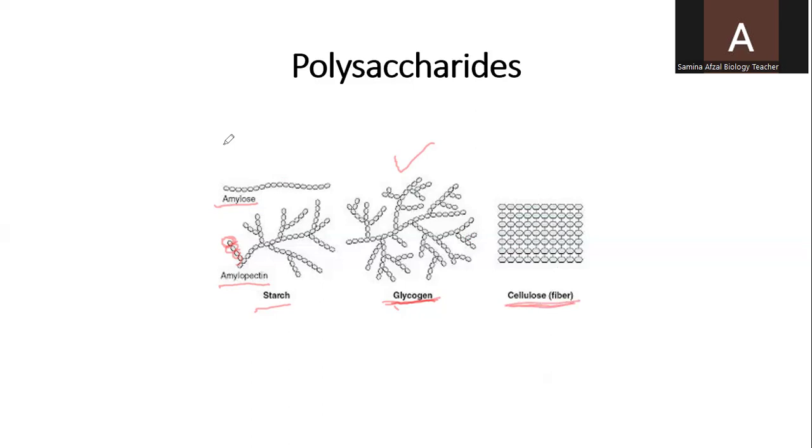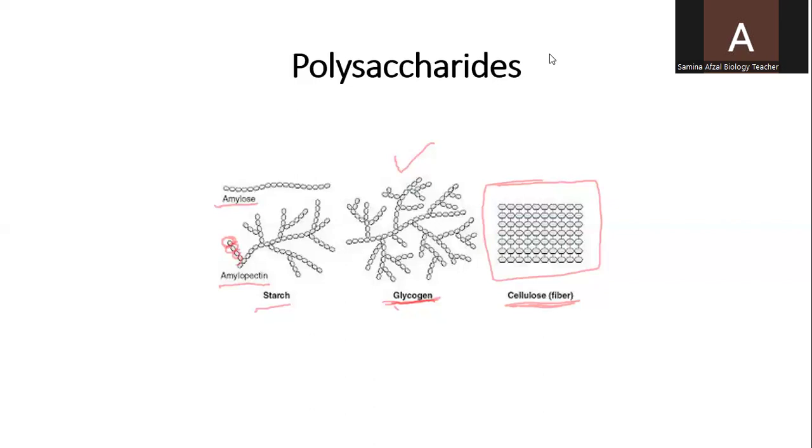The long chains are also making some bonds with one another. In this way, the cellulose makes a very compact structure which gives strength to the plants. So in this way, these three polysaccharides are formed from disaccharide molecules, and disaccharides are formed from monosaccharide molecules.